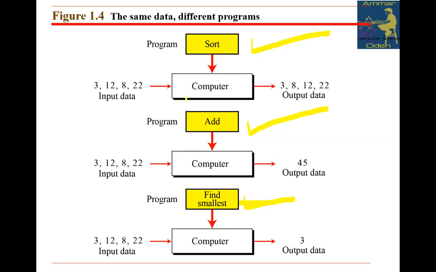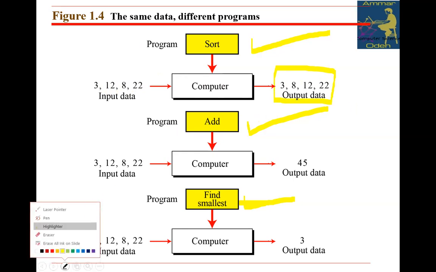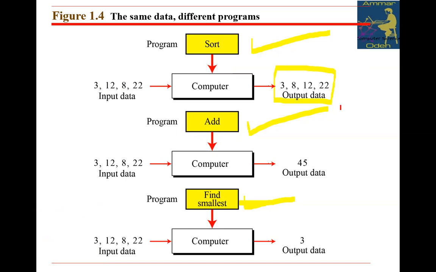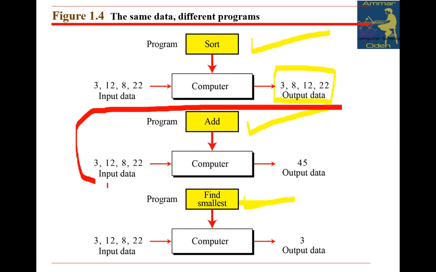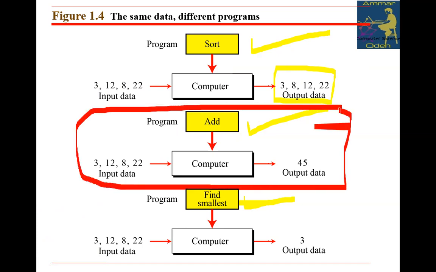So here you call the program called sort. So the received data is 3, 12, 8, 22. He will generate a sorted data or sorted information. But at the second stage, this one, you call a program called add.